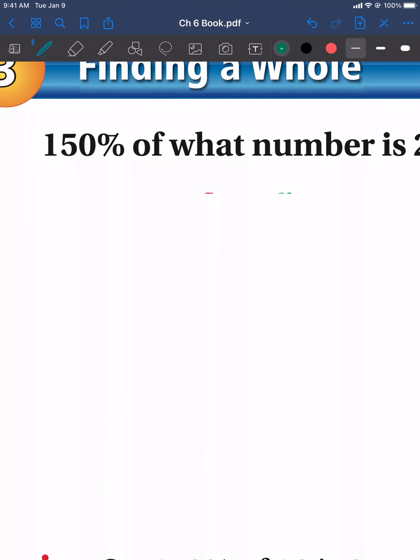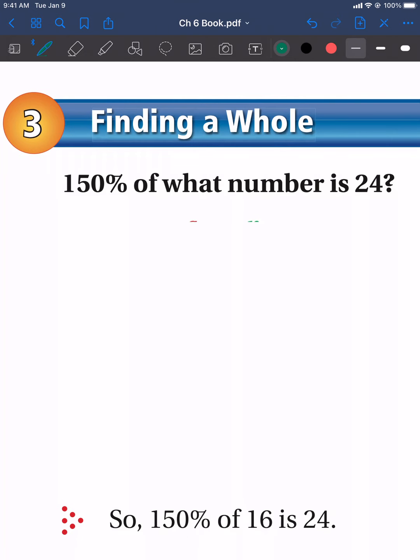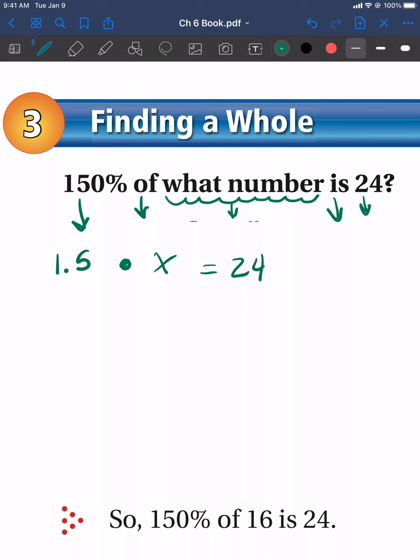150% of what number is 24? Rewrite it. 150%, we change those to decimals. Of means times. What number? That's our x. Is means equals, and then bring down the 24. How would I solve for x?